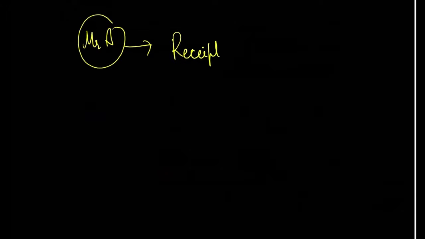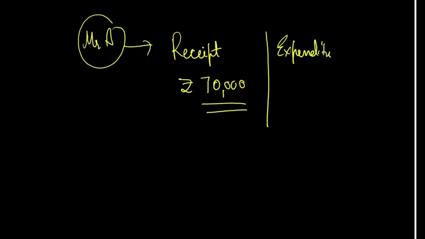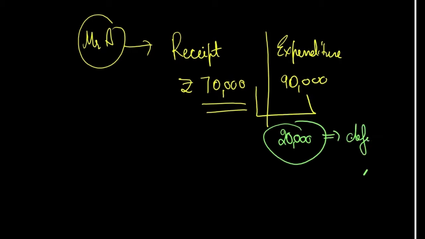If Mr. A has receipts of only rupees 70,000, but his expenditure comes out to be 90,000, then the difference of 20,000 will be called a deficit in his budget.